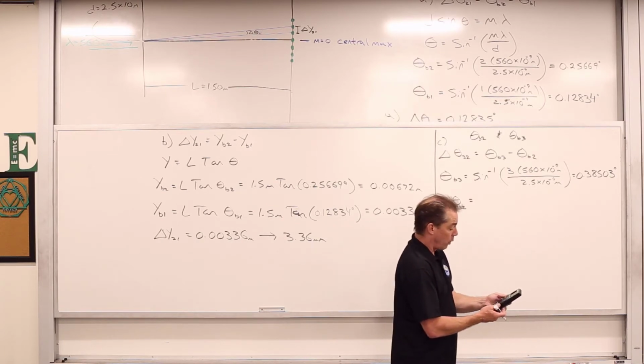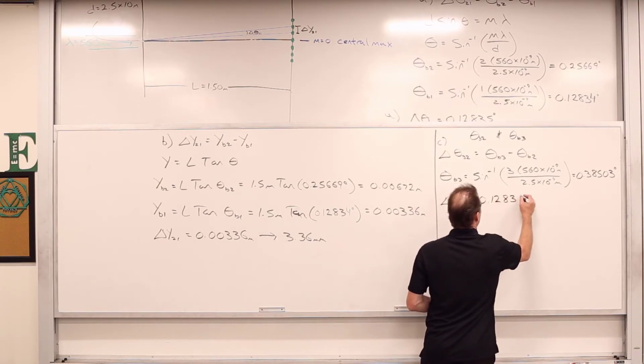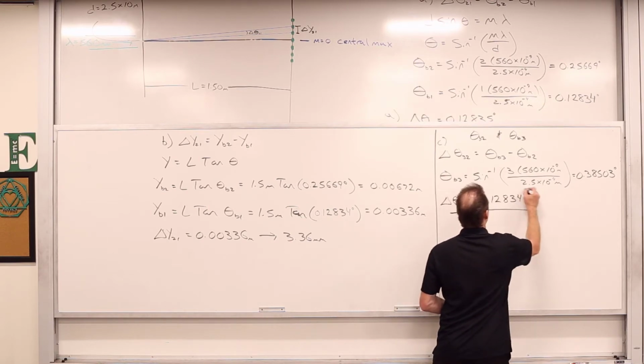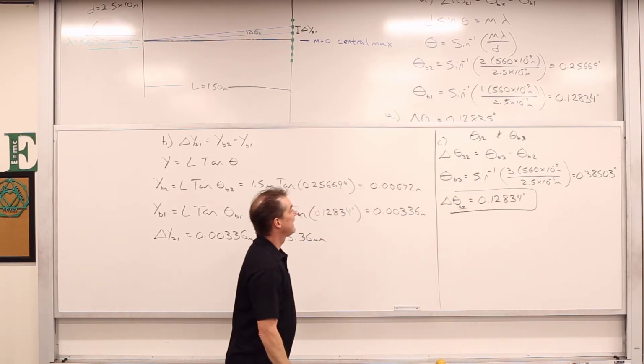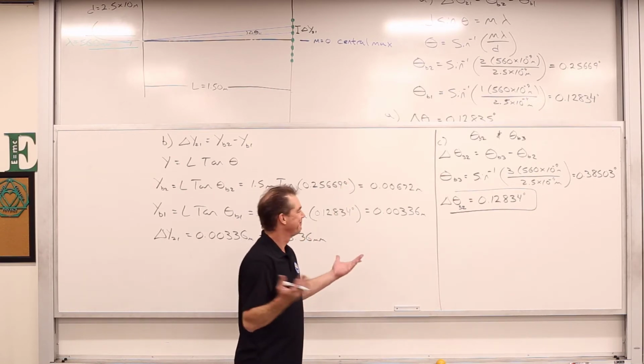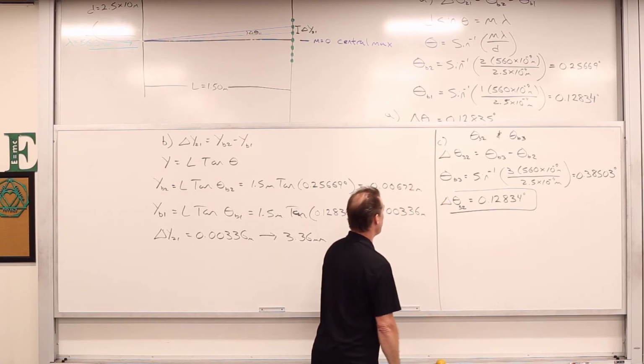And, oh my gosh, 0.12834. So there we go. The same angular separation between the successive maxima. That's it. You get nice well-behaved sort of linear behavior there.